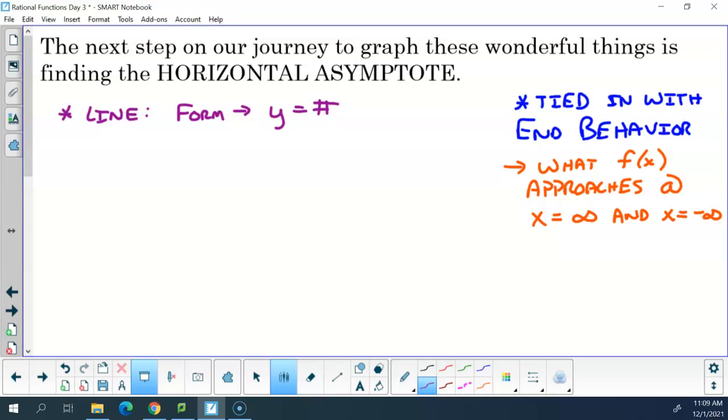Horizontal, y equals. Okay. It is going to be a dashed line on your graph. We'll get to graphing tomorrow, but it will be dashed. It's got to be on your graph. Kind of just like vertical asymptotes.